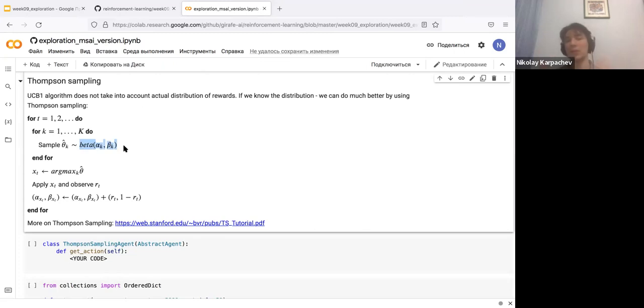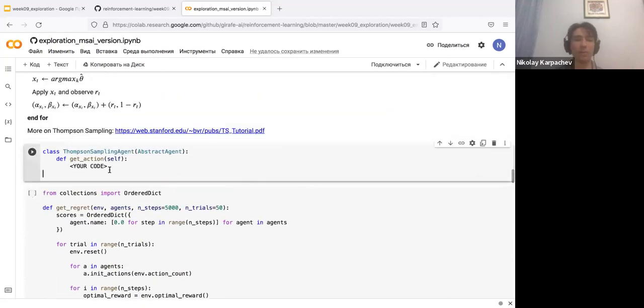There is a prior distribution, which is a beta distribution with parameters 1 and 1. The posterior for a beta prior is also a beta distribution, with parameters given by the number of successes and the number of failures. We sample from the beta distribution, compare samples for each action, and select the greatest one.